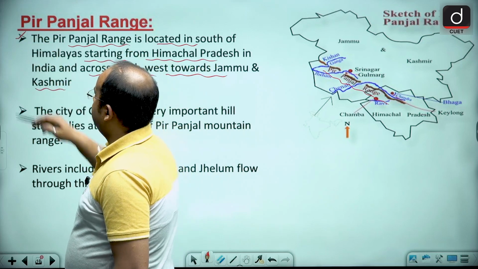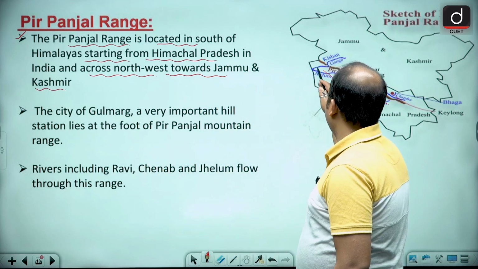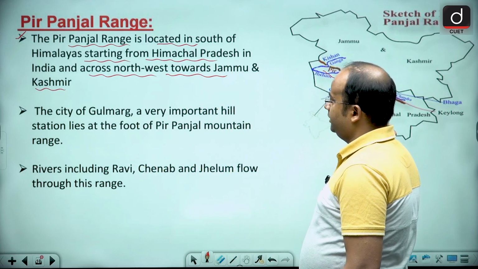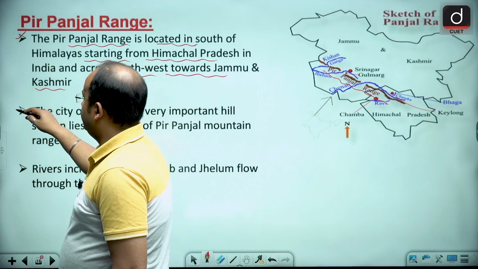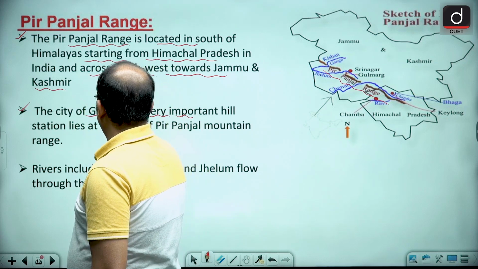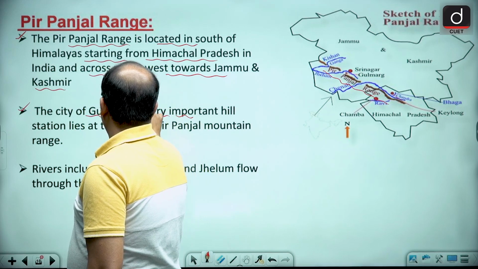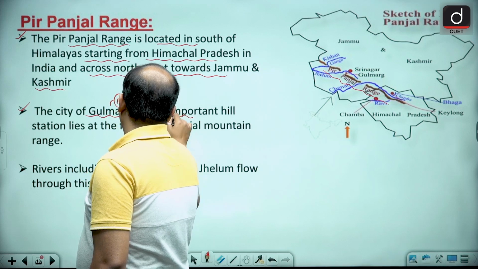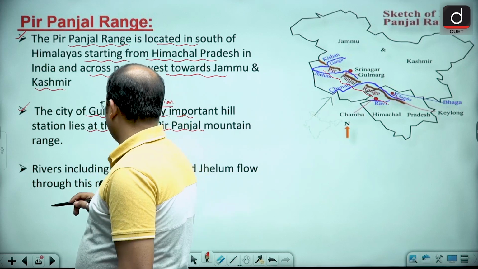And the city of Gulmarg is a very important hill station. Gulmarg, guys, is in Jammu Kashmir, and it lies at the foot of the Pir Panjal mountains.